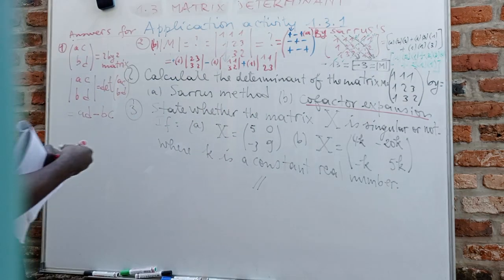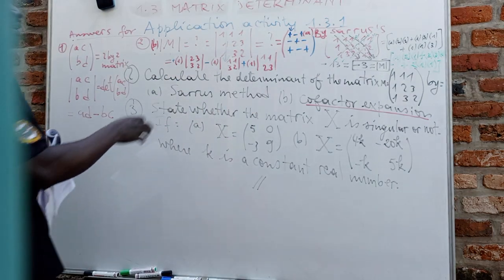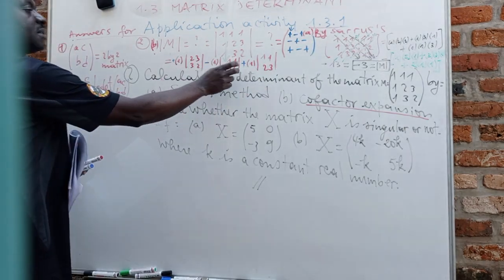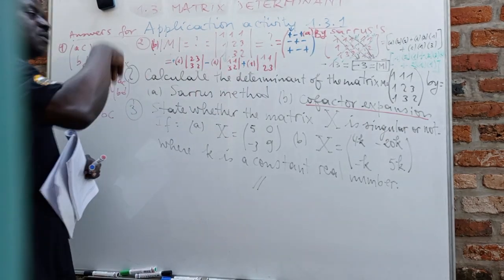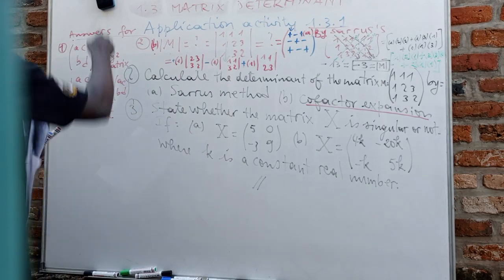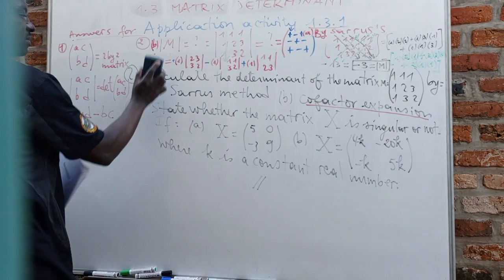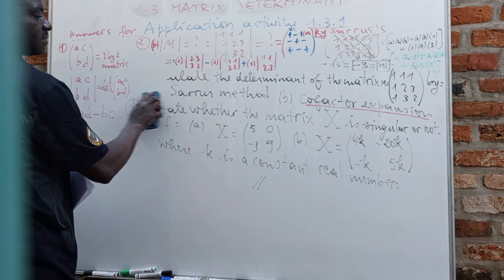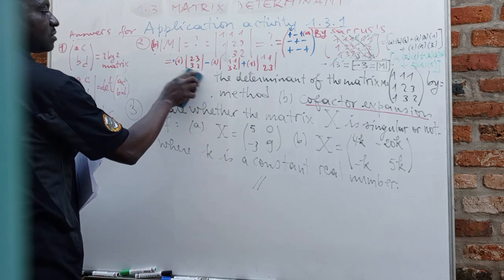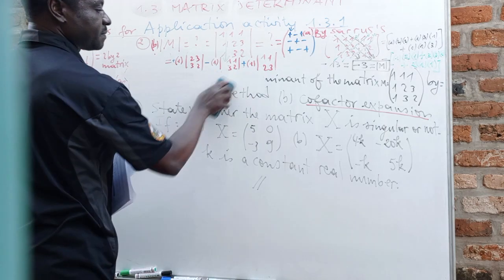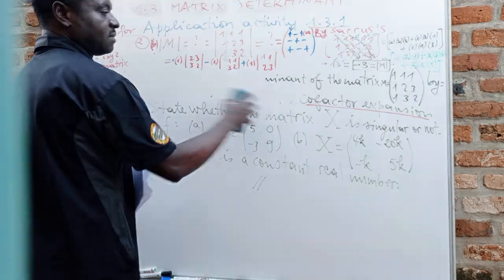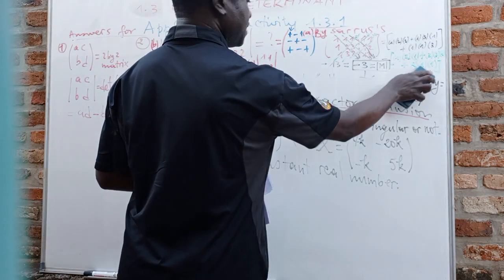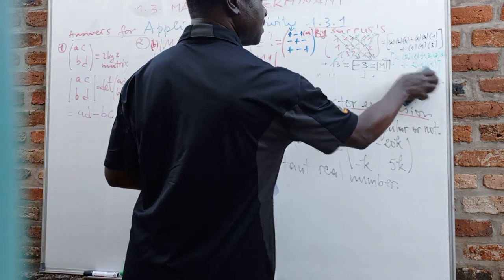Okay, now what I have here are terms that are determinants of lower order, exactly 2 by 2 matrices, and we know how to calculate a 2 by 2 matrix determinant. Okay, in this case, we are using the cofactor method to find the determinant of this matrix.